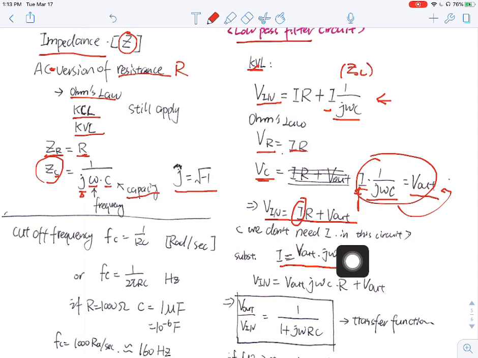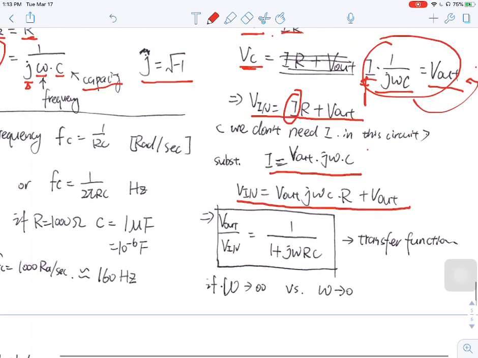Substitute this current into this expression, and you end up with V in equals V out J omega CR plus V out. And we can rearrange this to get a relation between V out and V in. And then there you go. You get V out versus V in equals 1 over 1 plus J omega RC. And this is the transfer function for this low pass filter.